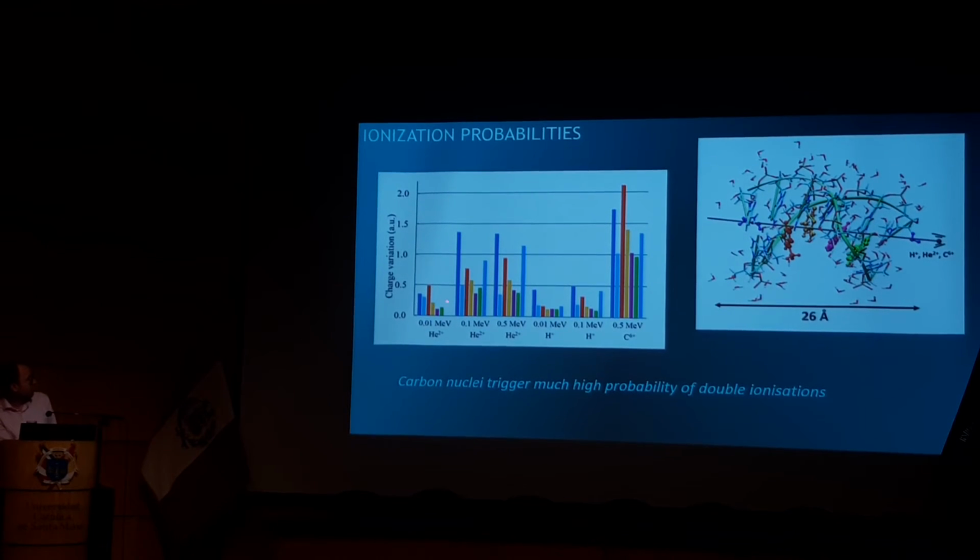It starts to be interesting because we can now compare the different radiation conditions. As one example of result, if you look at the ionization with carbon ions, you see that the probability of single or even double ionization is significant. This is important because doubly ionized molecules will probably explode a few picoseconds after the ionization.